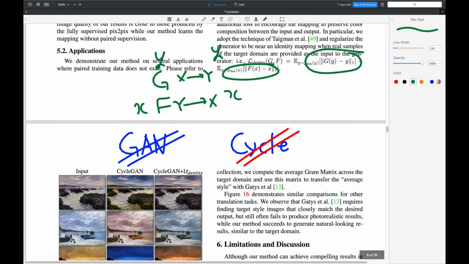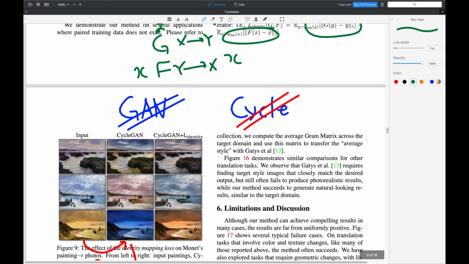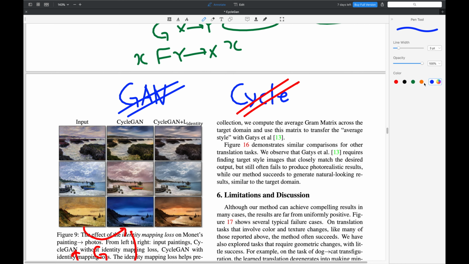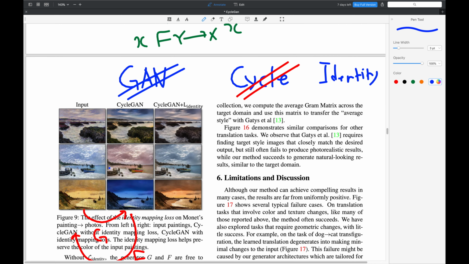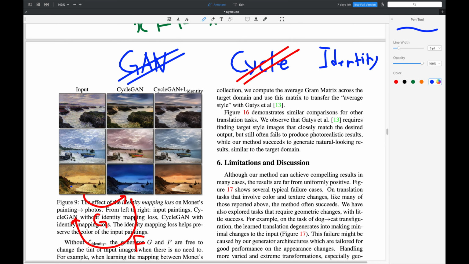So let's see what happens when we also try to minimize the identity loss. So this G now receives a photo image, let's say a pink tinted photorealistic image, and the G now when receiving this pink tinted image, originally will convert this into a blue tinted image.